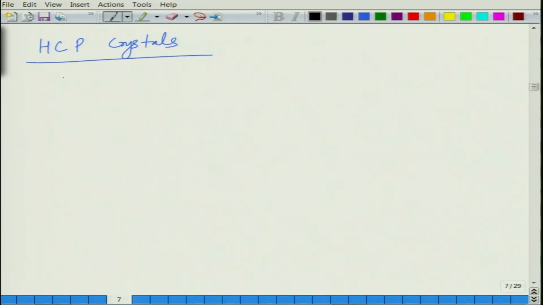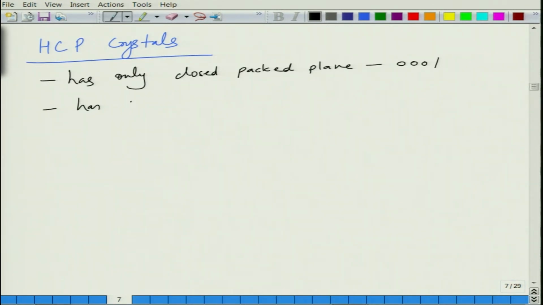The problem with HCP crystal is, if you look, HCP crystal has only one close packed plane, that is 0 0 0 1, and it has only three directions in this plane which are close packed.